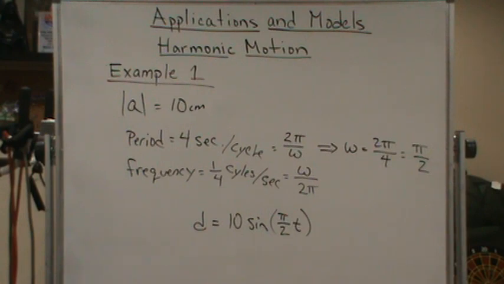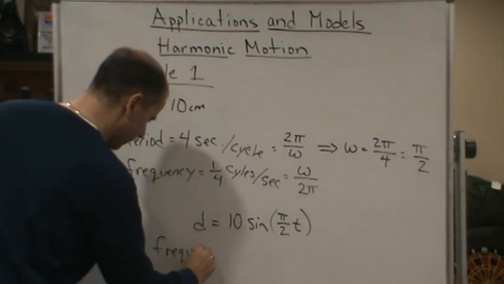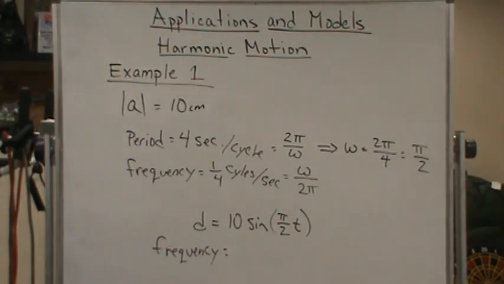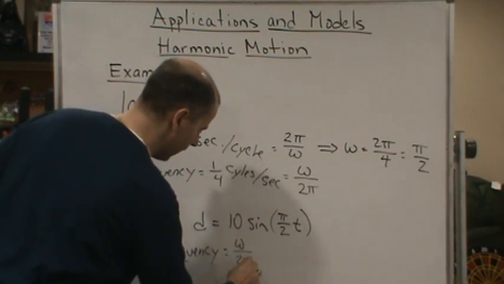Now, note that the choice of A equal to 10 or negative 10 depends on whether the ball initially moves up or down. And to verify the frequency, note that frequency equals omega over 2 pi.